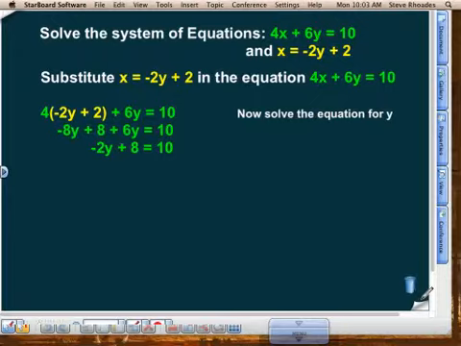So I have negative 8y plus 8 plus 6y equals 10. Now, the next step, I combine like terms. There are two sets of y, so I take the negative 8y and the 6y, and I get negative 2y. So I have negative 2y plus 8 equals 10.